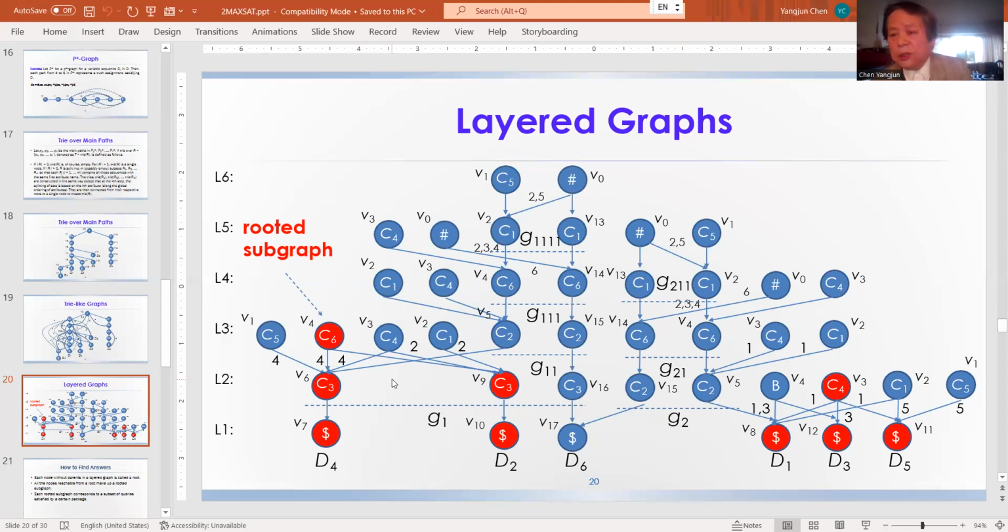All the nodes at this label will be categorized into different groups, such that in a group we have all those nodes with the same labels. For example, these 3 nodes have the same labels, also the same variable name, C3, then all the 3 nodes will be put in the same group.